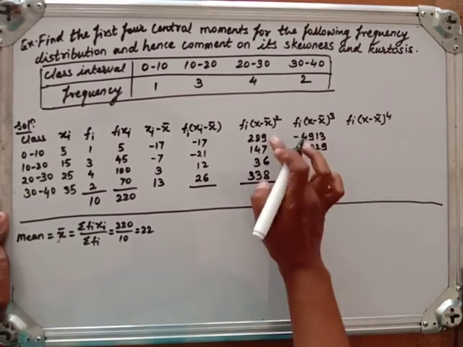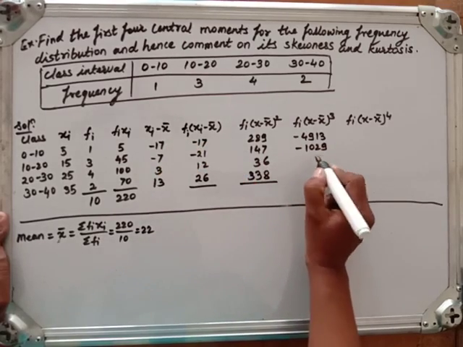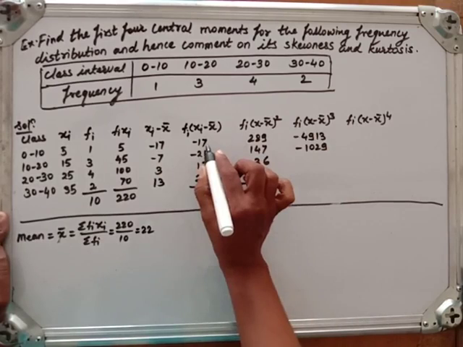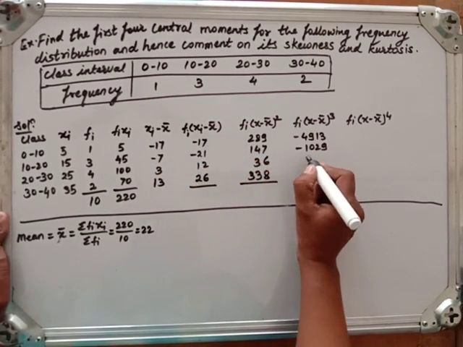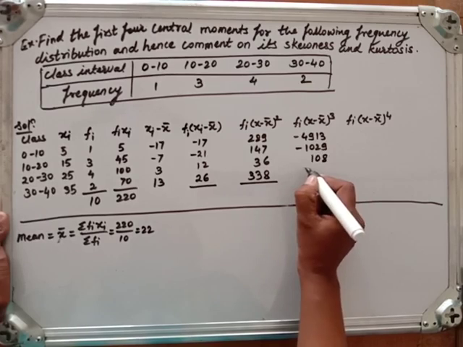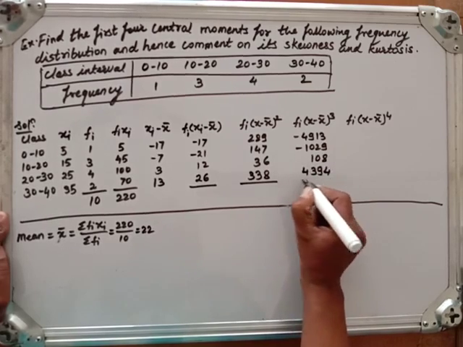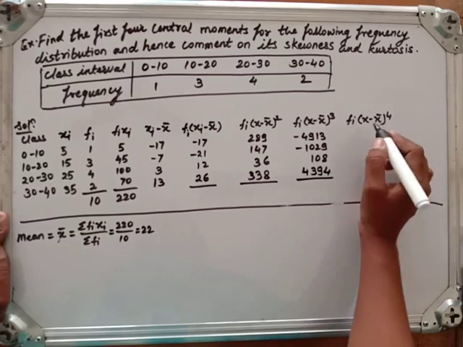Or here you can multiply this number into this, that is also the same answer, since we have already taken this product with fi here. Fine. Now the next one will be 108, and the next one 4394. Here the sum is required.